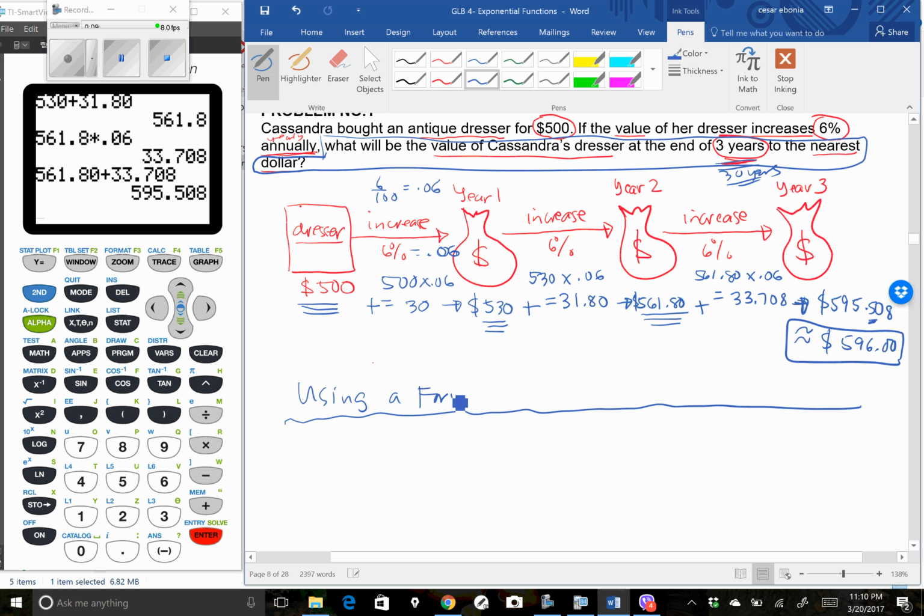Just identify the keyword here, which is increasing. That means this problem demonstrates an exponential growth. So the formula I'm going to use here would be y equals a times b.